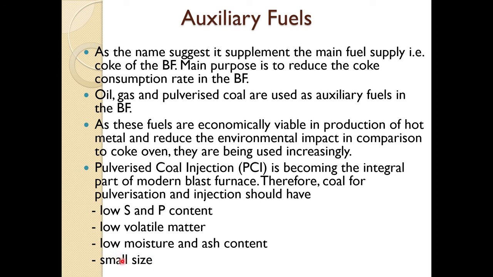because when we inject the PCI in the blast furnace through the tuyeres, it has to burn within milliseconds, because the velocity is very high, and due to that within 4 or 5 milliseconds it has to burn. So, size is a very critical requirement for pulverized coal injection.